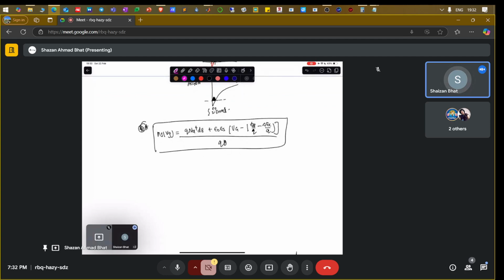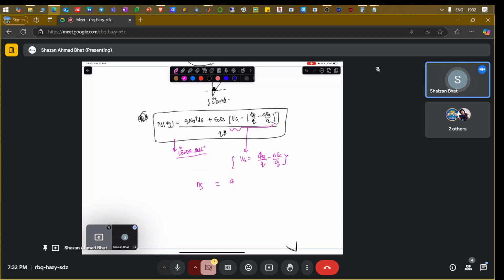And there is something called the lever rule. The lever rule basically says that if you apply the gate voltage exactly equal to this bracket term, phi B by q minus delta EC by q, then you will have the sheet charge density as q ND plus D delta divided by qD.